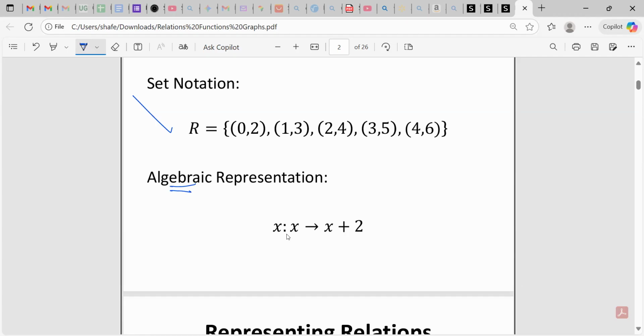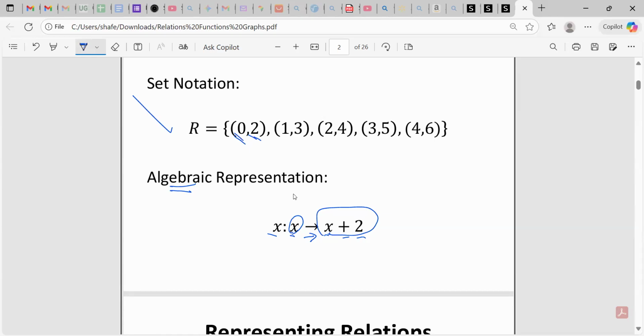And this is how we read this. X is such that X maps onto X plus 2. So X is like the input and the output is X plus 2. And you can see that, right? 0 being the input, or the X value for this pair, X plus 2, which is 2, is the output.